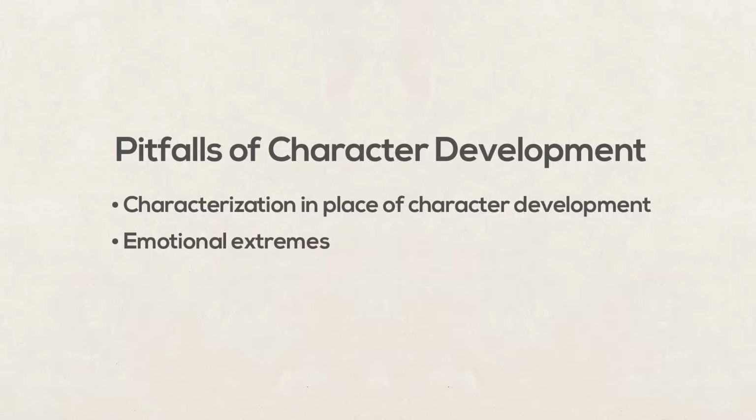The second is emotional extremes. This is when a performer plays a character as happy or sad, angry or calm, with little room for anything in between. No person in real life ever feels only one emotion at a time. If they're mad, it's because they're also disappointed or they feel betrayed. If they're happy, it's because they're also satisfied or they're also relieved.